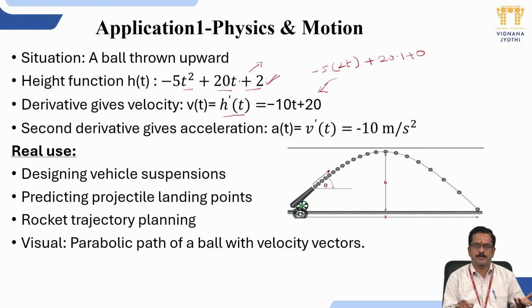The rate of change of displacement is what we learned as velocity, which we represent by v of t. So h dash of t equals v of t, which is minus 10t plus 20.